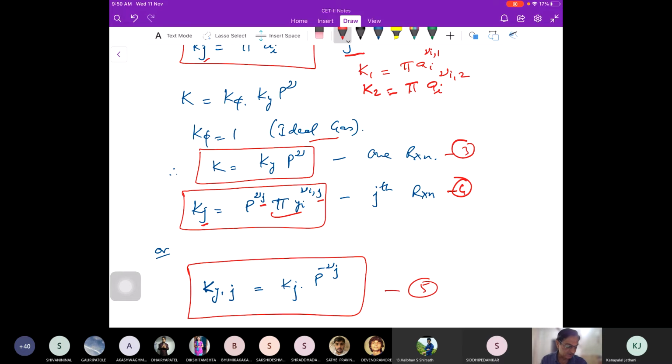Or we can write this as K_y for the jth reaction is equal to K_j, which is this one, and P raised to the power of minus nu_j.